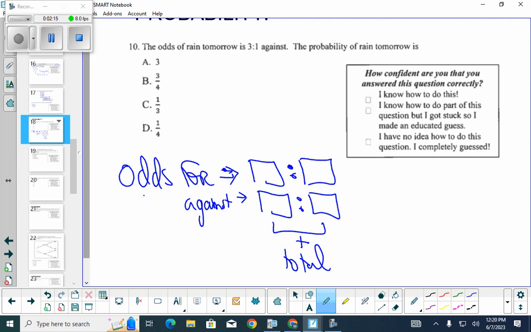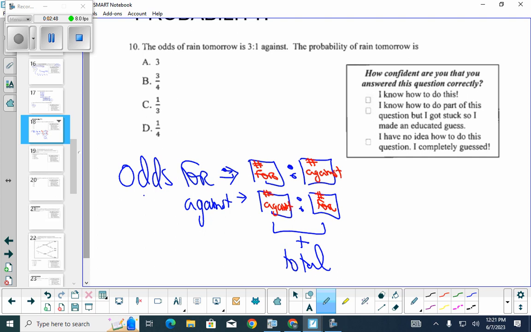So odds for, the first number you see is the number for. The second number you see is the number not for, aka against. Whereas when the question says odds against, the first number you see is the number against, and the second number you see is the number for.